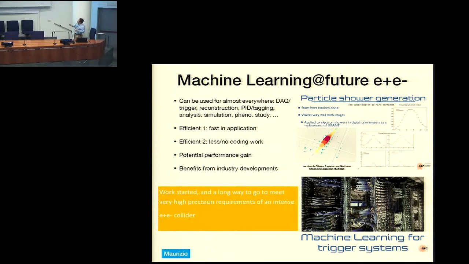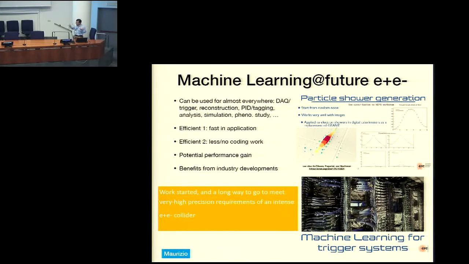Even for simulation, they can use some tools to simulate our particle shower in the calorimeter very fast, also for the final state study. And it's very efficient, fast in the application stage. We need less or even no coding work, so it's a big advantage.